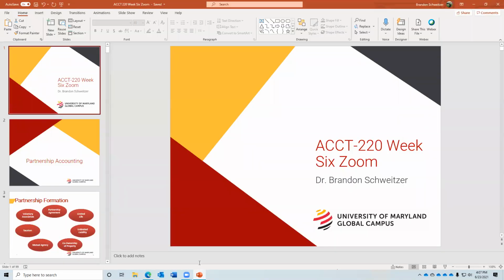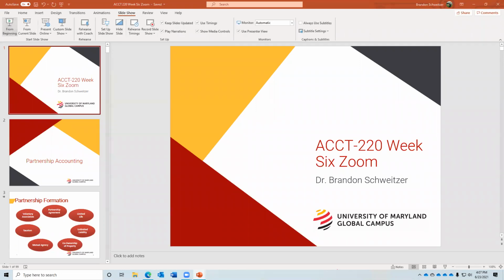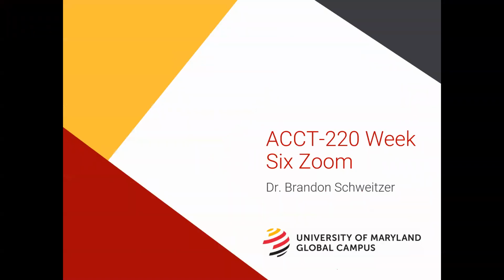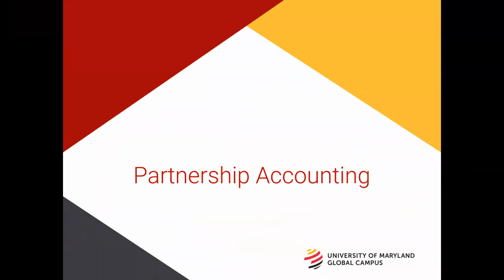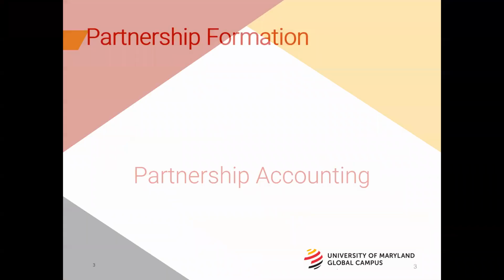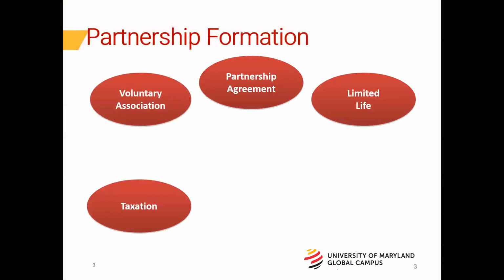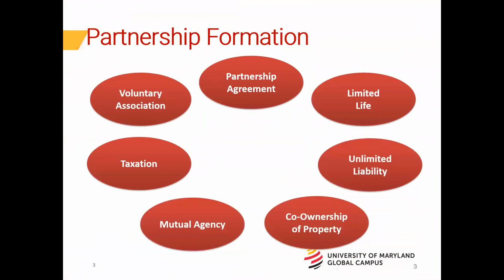Okay, having said all of that, let's jump into the content for week 6. We'll talk about a couple of interesting concepts in accounting. The first part of this week is around partnership accounting. Partnerships, as you would imagine, are a form of business.